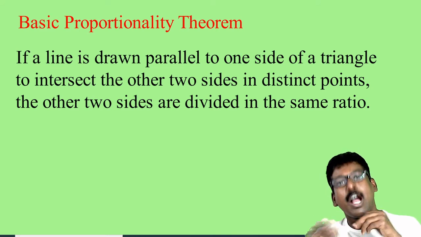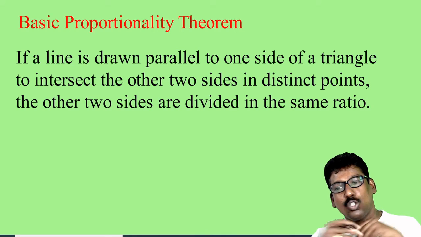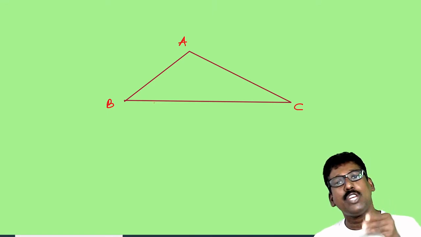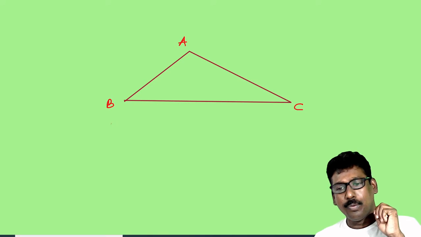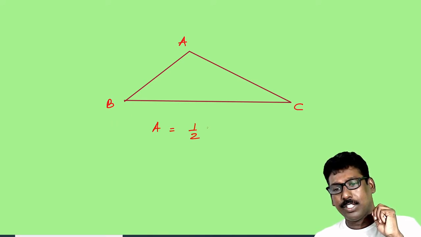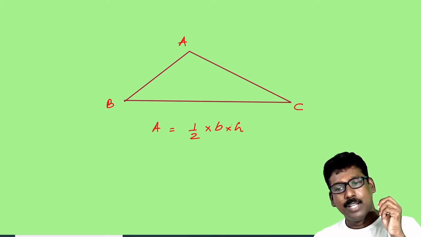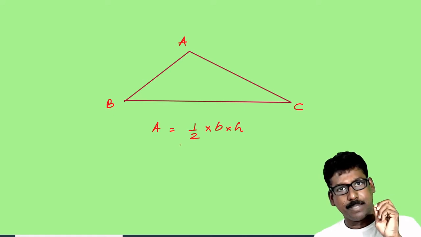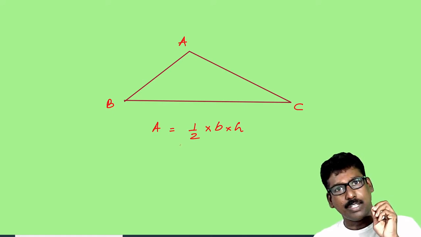Now, how to prove this one? To prove this theorem, you must know two things. Here you have triangle ABC. How do you find out the area of this triangle? You know, area of the triangle, you can write it as half into base into height. Now, here, let me take BC as base. Then height, how will you find out?